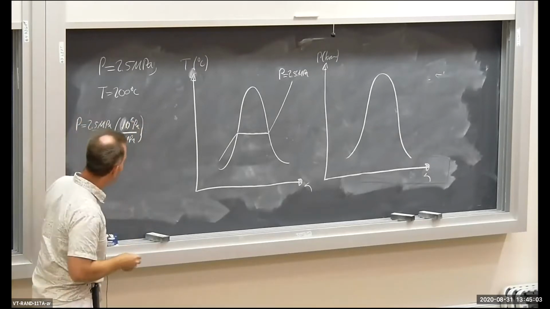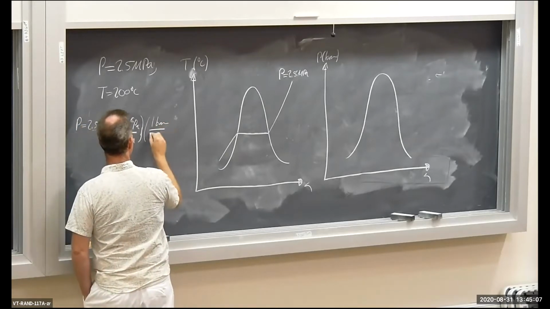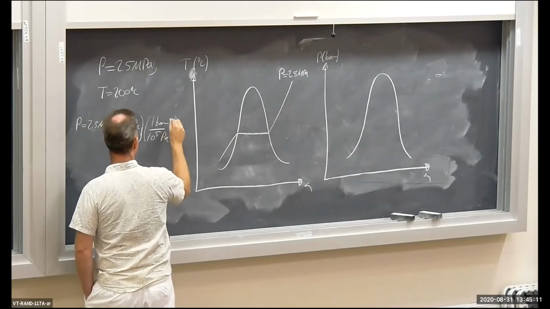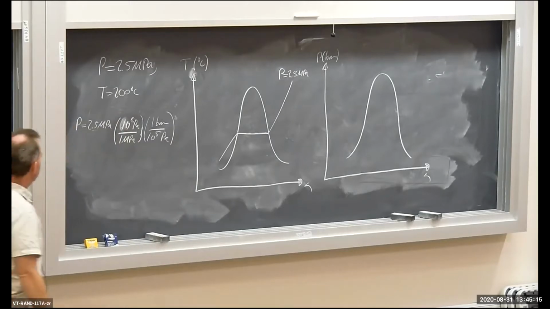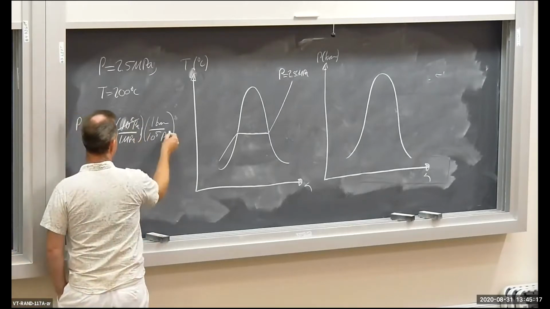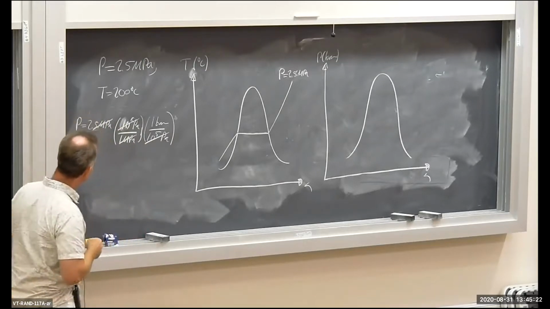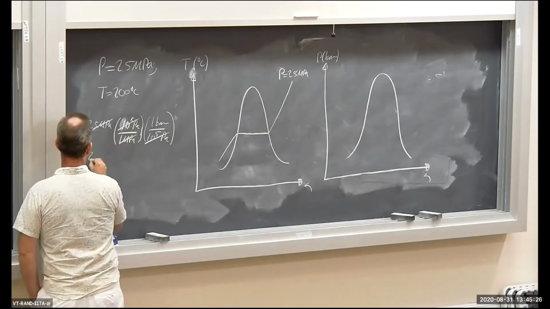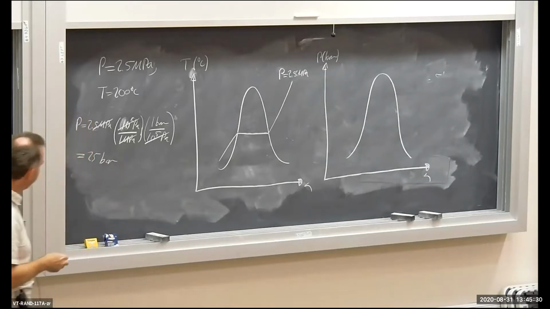And 1 bar is equal to 10 to the 5 pascals. Notice the pascals cancel and the megapascals cancel, and I get 25 bar. So 2.5 megapascals is 25 bar.